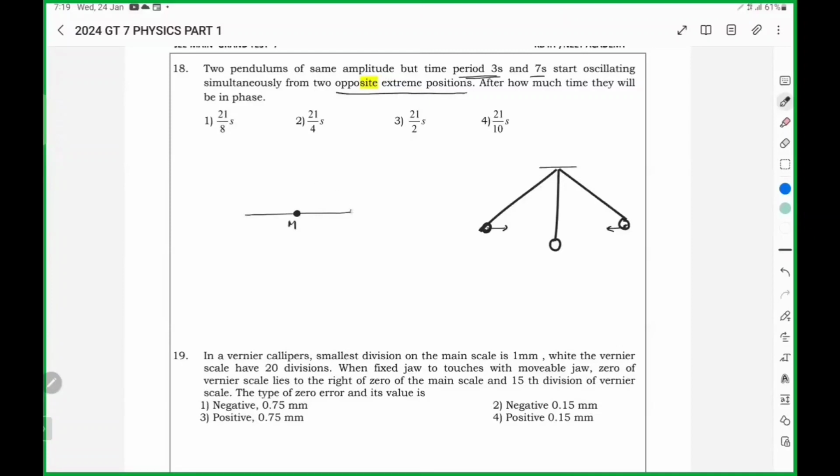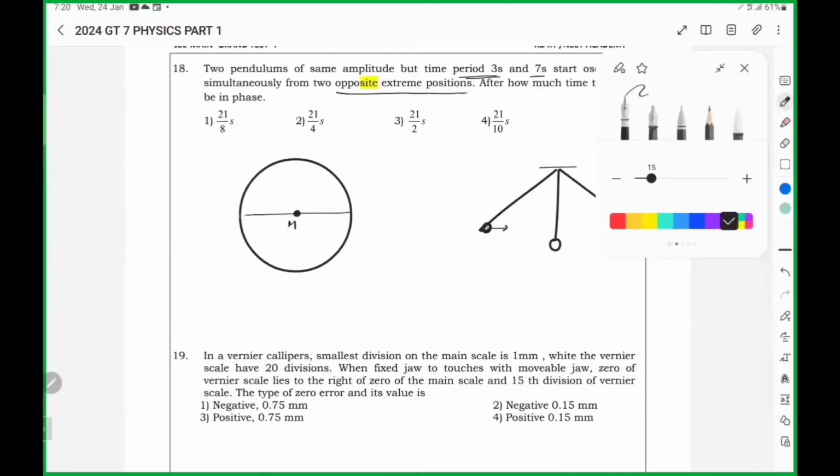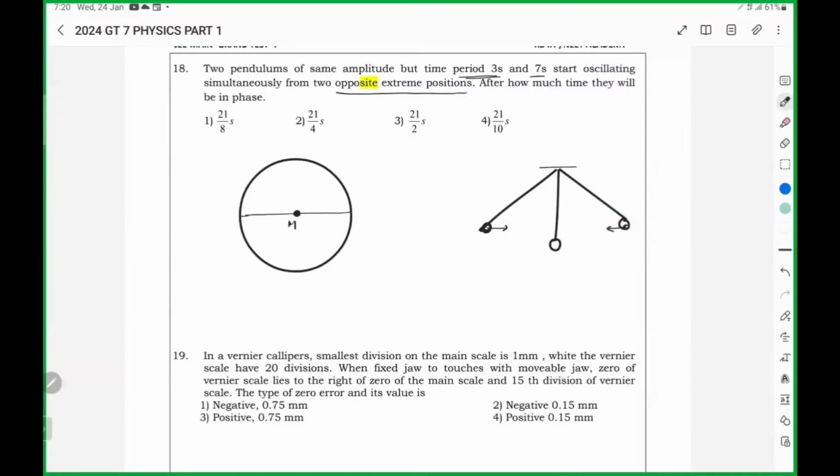We will take a reference circle. Initially, the particle is not at M. Initially at N, let us say, at time 0, the particle is at N, not at the mean position, so it has an initial phase.